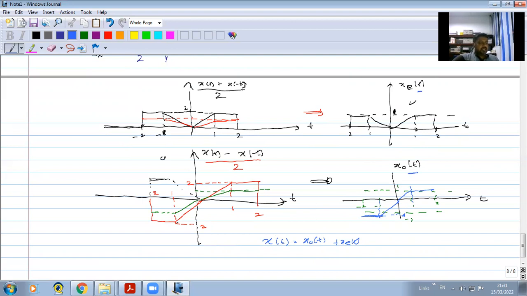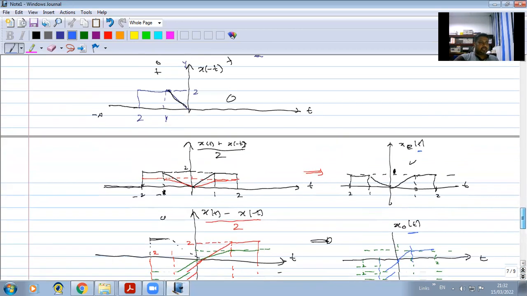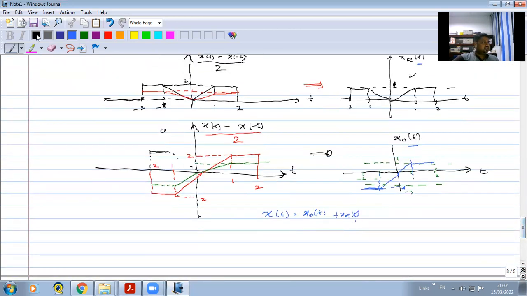And if you add the odd part and even part, you will get again the original signal x(t). So let's do it. Okay, so please add this together. See what you will get. Okay, so I'm going to add this together. That means I'm going to find x_e(t) plus x_o(t).